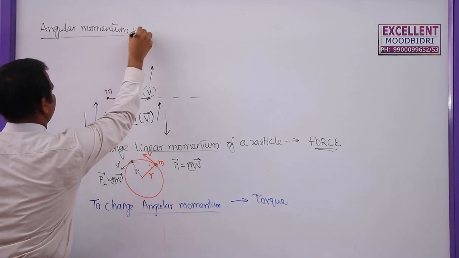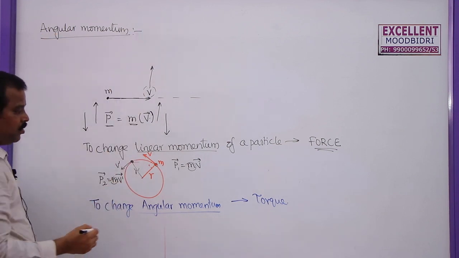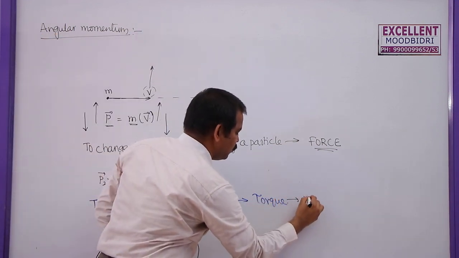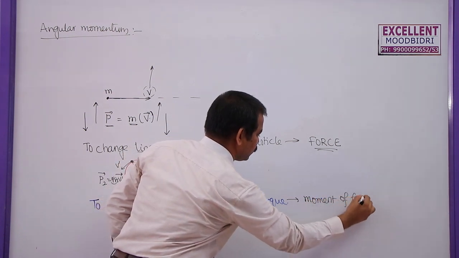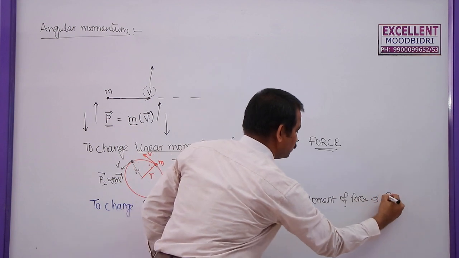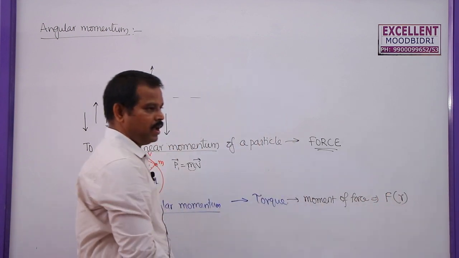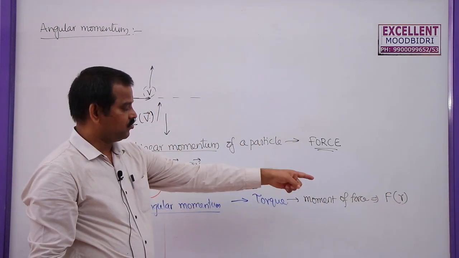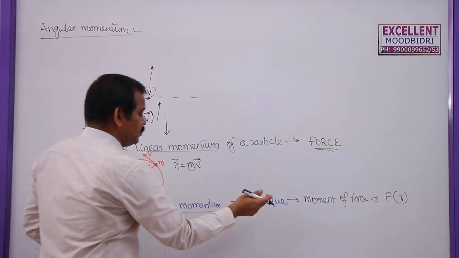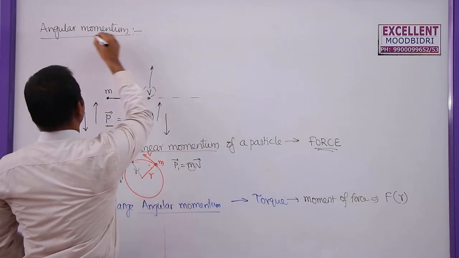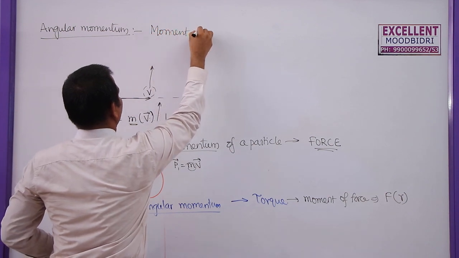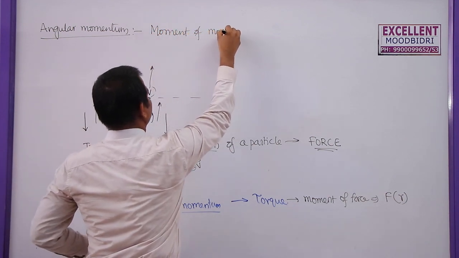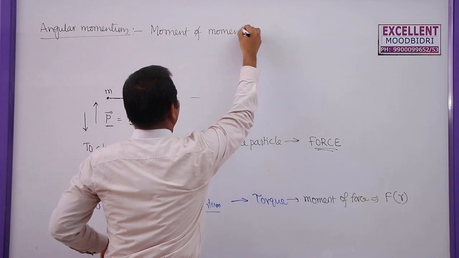We know that torque is the moment of force, that is force into the perpendicular distance between the axis of rotation and the point of application of force. Similarly, the moment of momentum is called angular momentum. Please remember this: this is the moment of momentum.